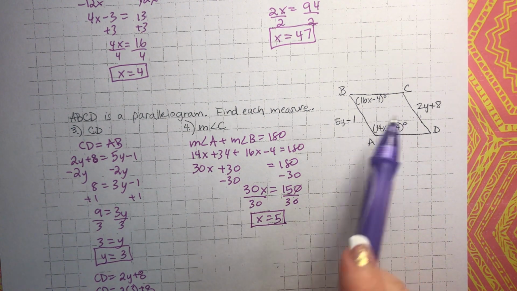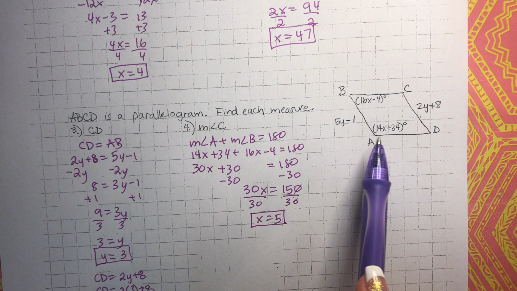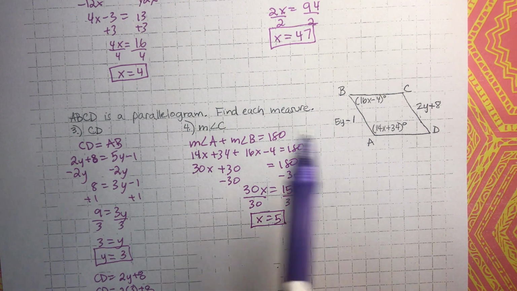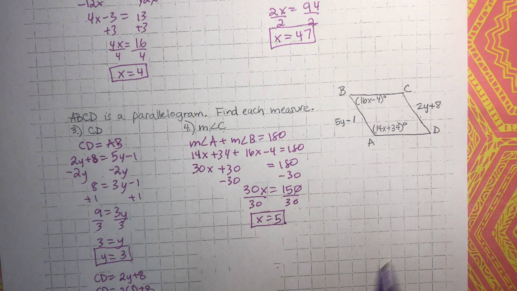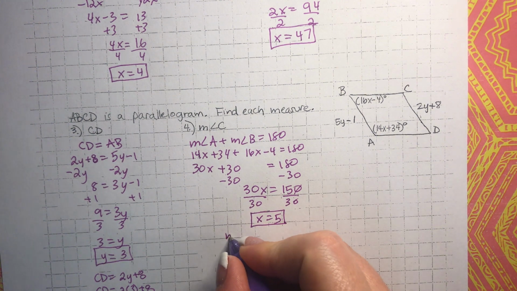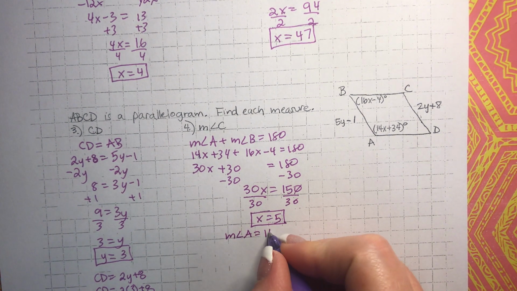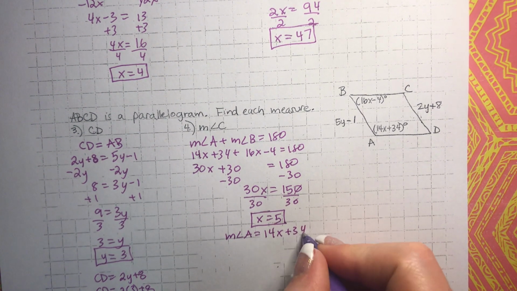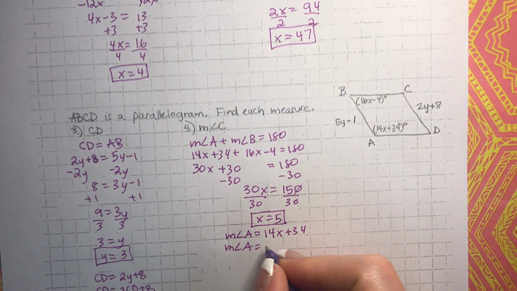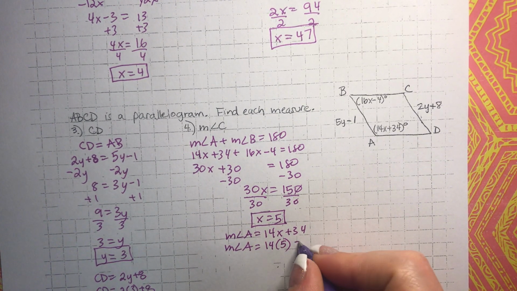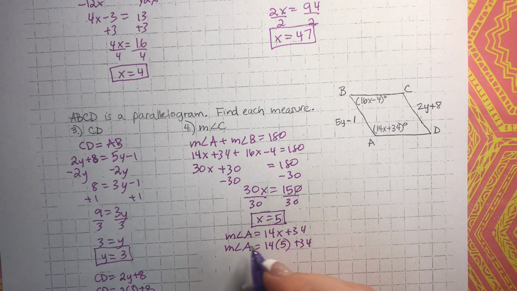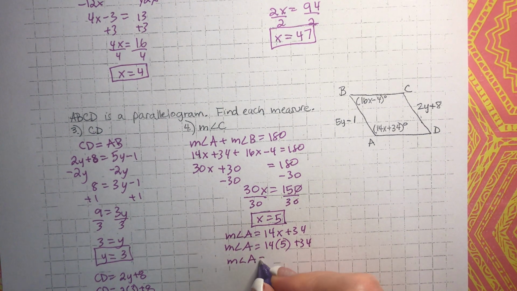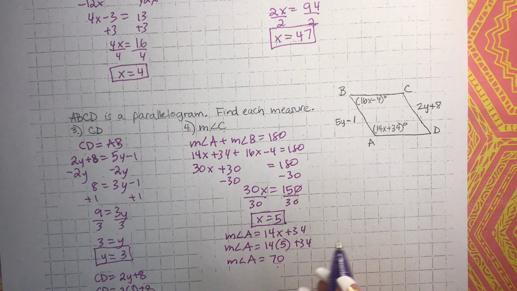And we need to figure out what the measure of angle C is, but I'm going to go ahead and figure out what the measure of angle A is, because since it's a parallelogram, A and C are the same. So measure of angle A equals 14x plus 34. 14 times 5. Ooh, what's 14 times 5? 70. Yeah, 70.